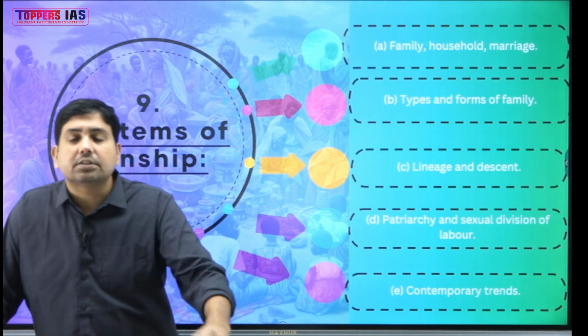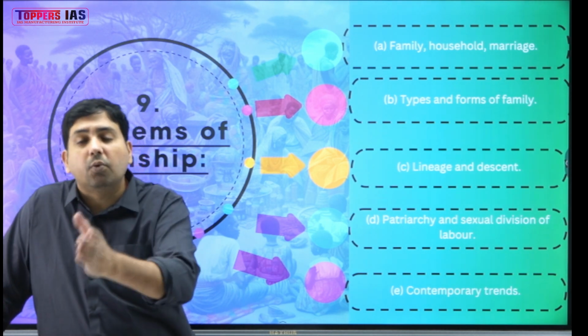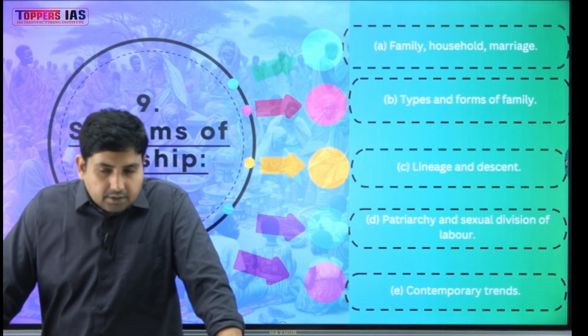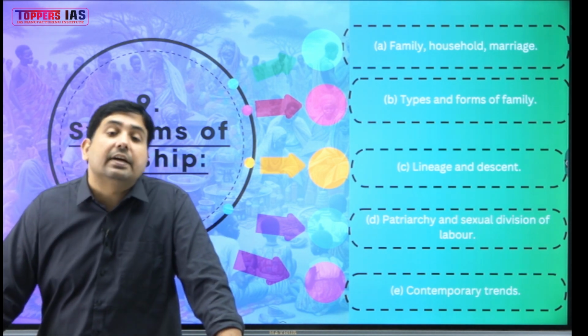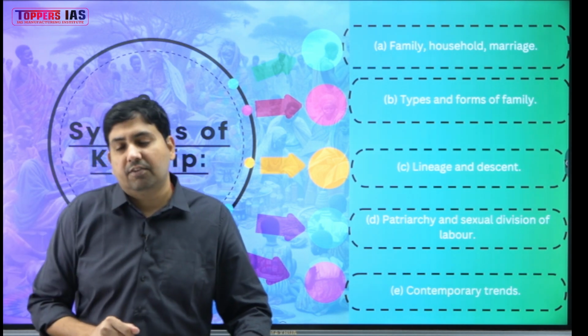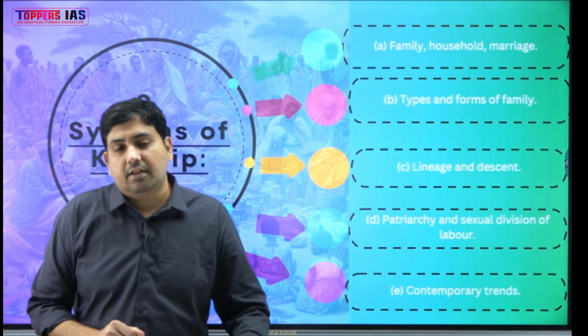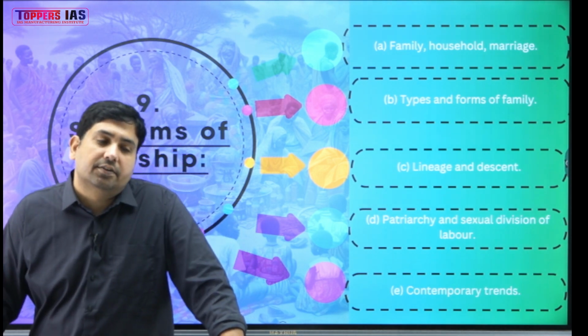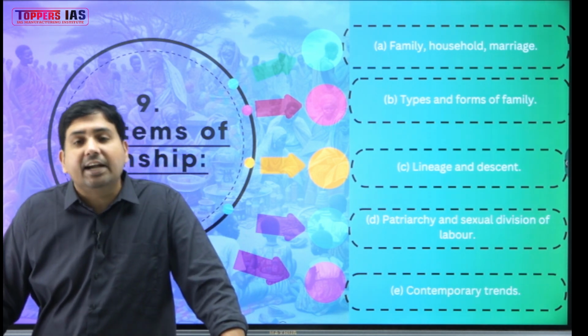Its counterpart is matrilocal: the couple lives with the wife's family or near where the wife's family resides. There is another concept called neolocal residence, where the couple establishes a new independent residence.